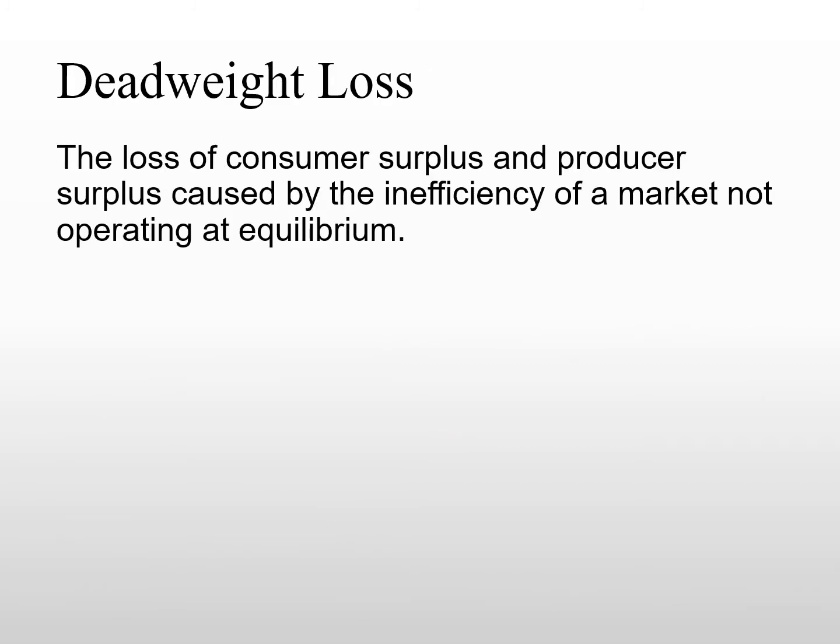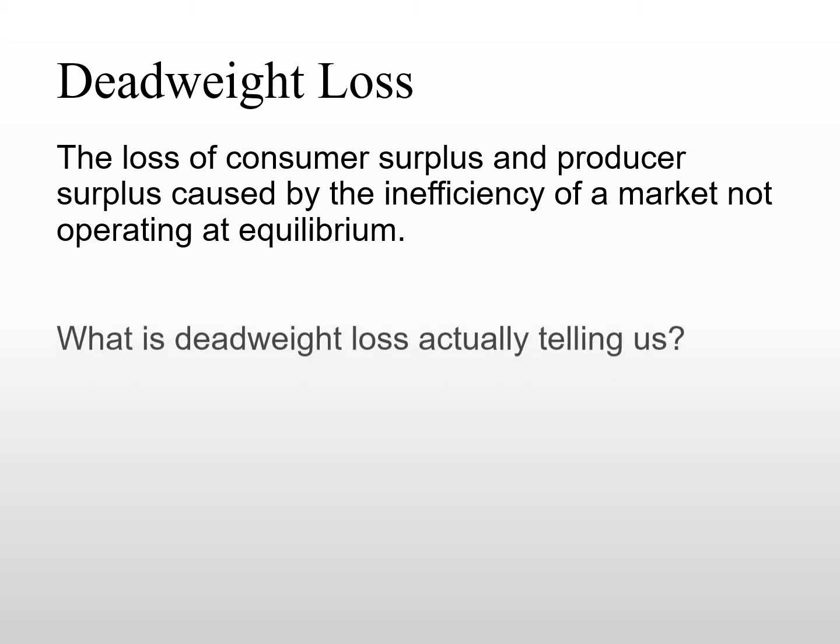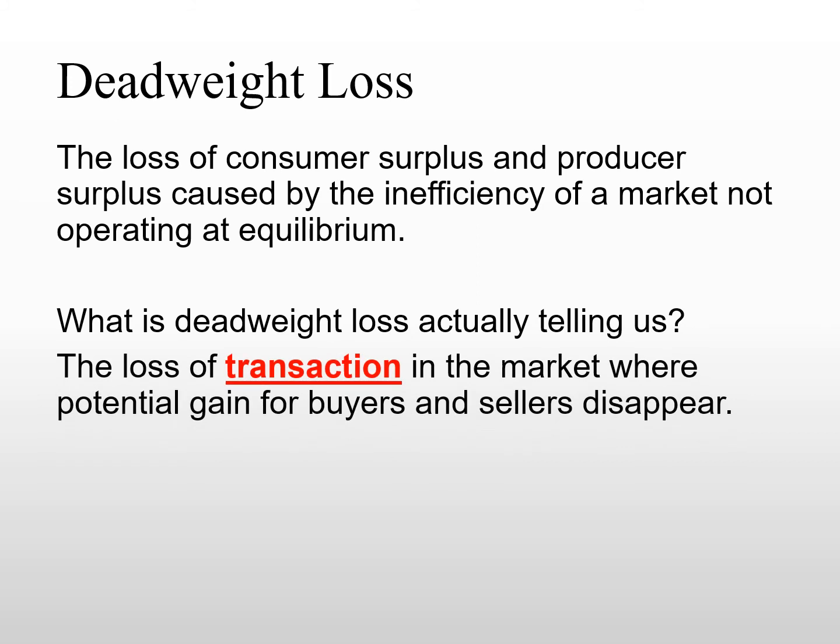So if we ask the question, what drives the deadweight loss in the market? The main reason why we have deadweight loss in a market is that we have lost the total number of transactions that could potentially be possible in the market. Again, refer to what we learned in chapter 2. There is always a gain from trading in any single transaction.